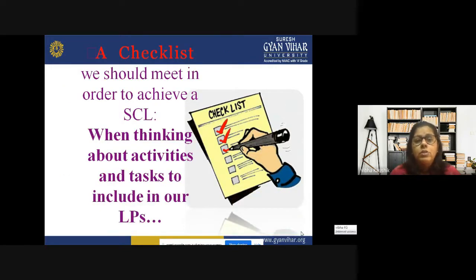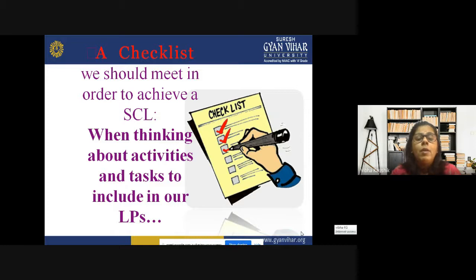A checklist we should meet in order to achieve student-centered learning. Now, a checklist has to be prepared, and it is prepared in such a way that we will be able to know whether we are able to achieve the objective of student-centered learning or not.